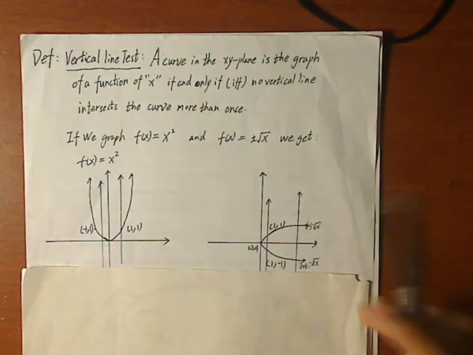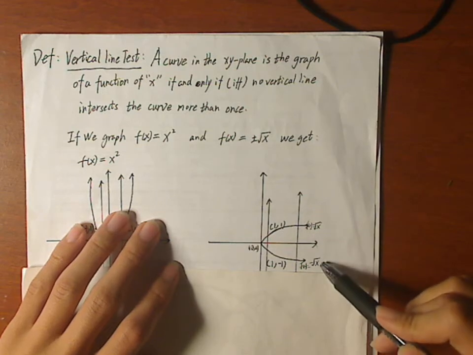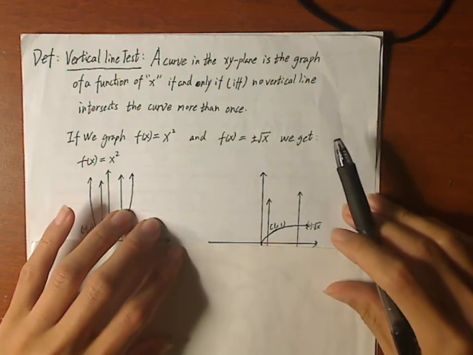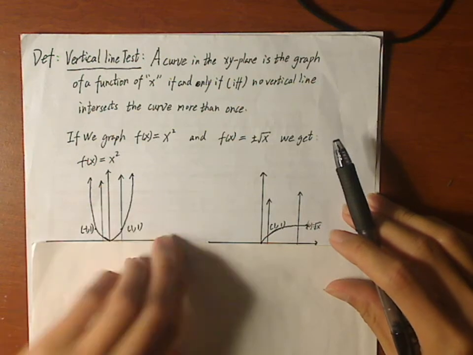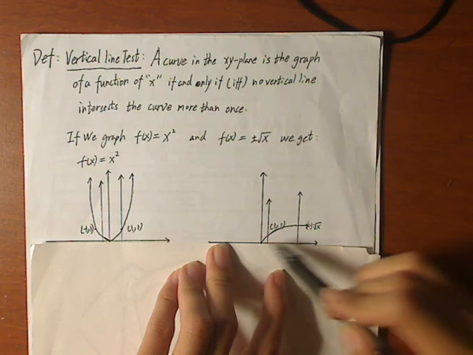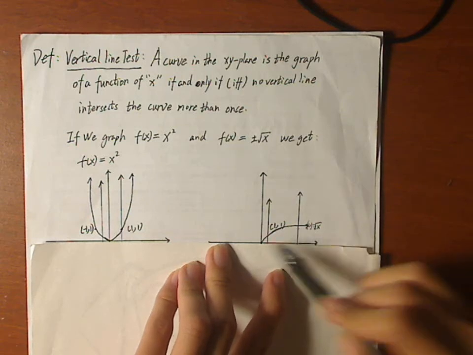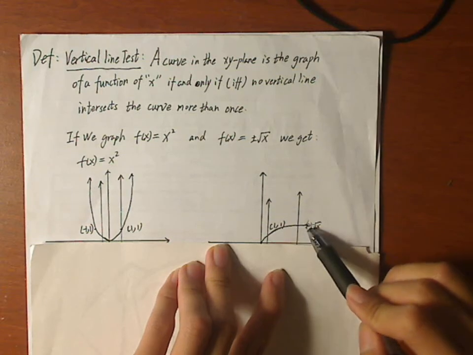If you look at the graph, the top part is the positive and the bottom part is the negative part. If I cover it, do you see it? If I cover it, this top curve only intersects once on these 2 lines. That makes it a function.